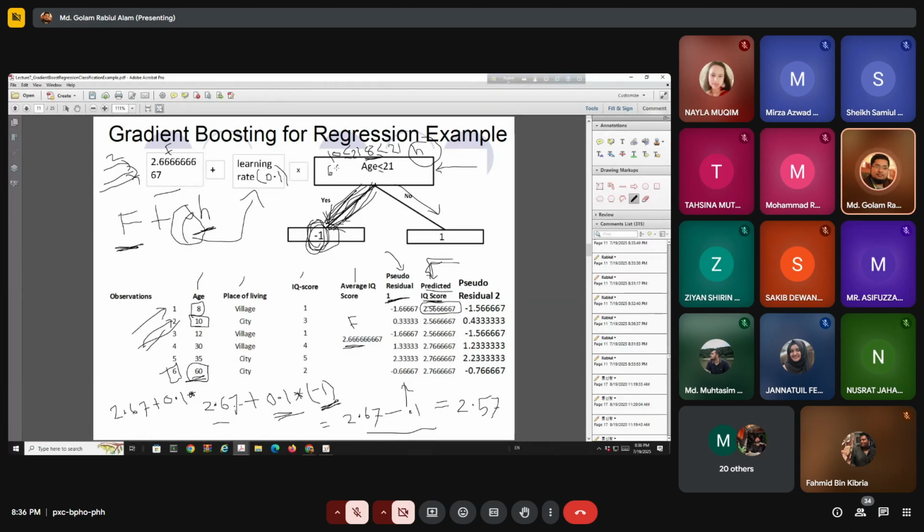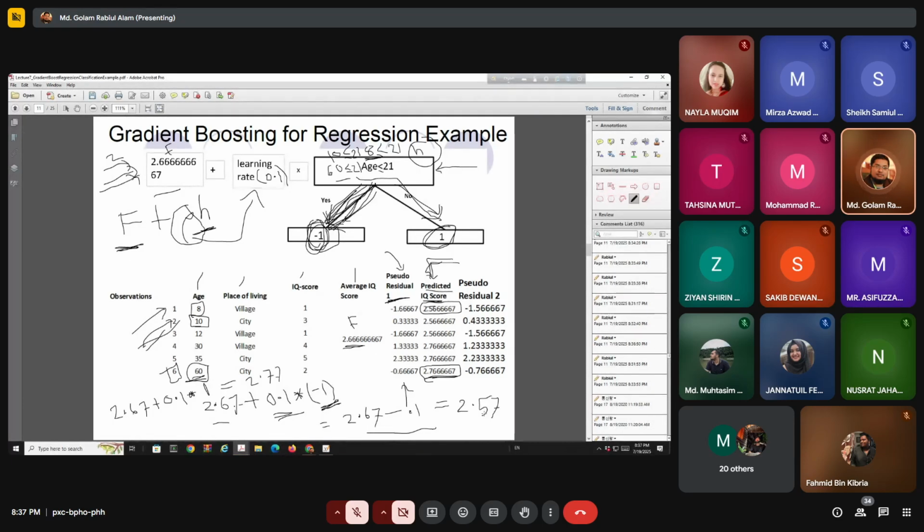So 60 less than or equal to 21, is it true? No, false. False means it will move in this direction, and we can see here 1. So the prediction is 1. What will be the value? 2.67 plus 0.1 is 2.77. So here you can see this is the 2.77, and this will be our predicted IQ score.